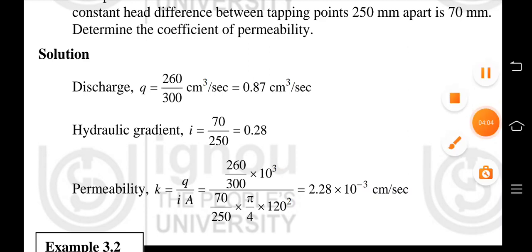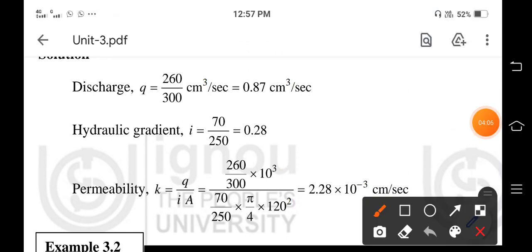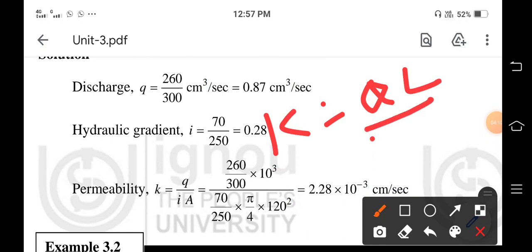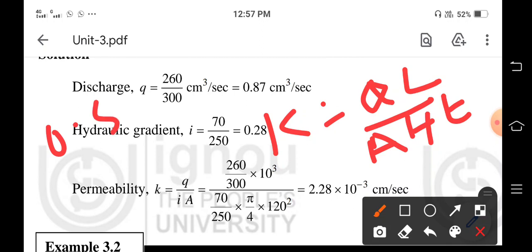Or we can also calculate permeability K equal to QL upon AHT. Okay, so Q is 0.87, the length of the sample is 250, which is given.